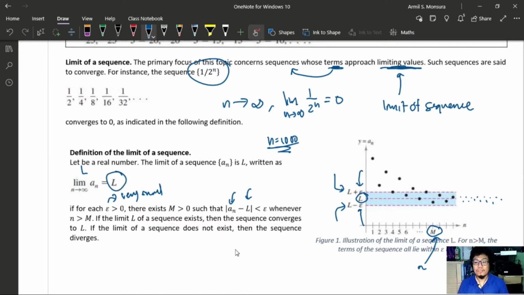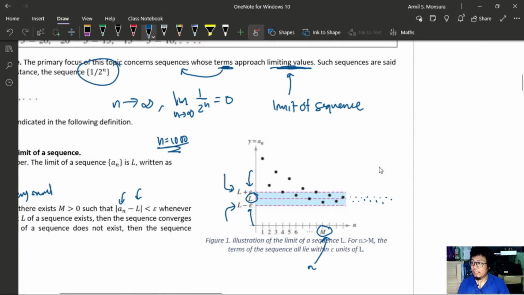And if this hasn't happened, if the terms of your sequence do not stay within this very small band of numbers, then we will say that the limit does not exist, and the sequence diverges.